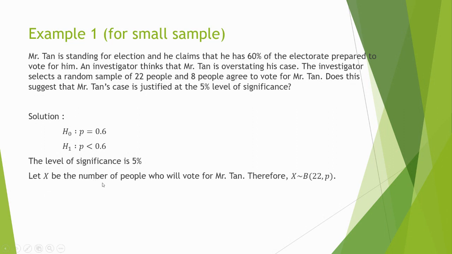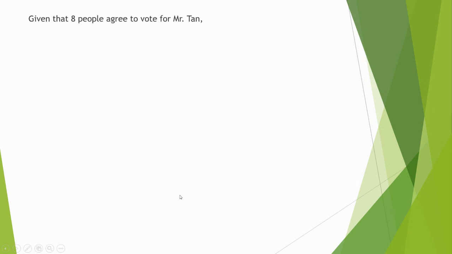Let X be the number of people who vote for Mr. Tan. Therefore, this is a binomial distribution. So n is 22, and p is the success. If H0 is true, then X follows binomial 22, 0.6. Given that 8 people agree to vote for Mr. Tan, you have to find the probability.